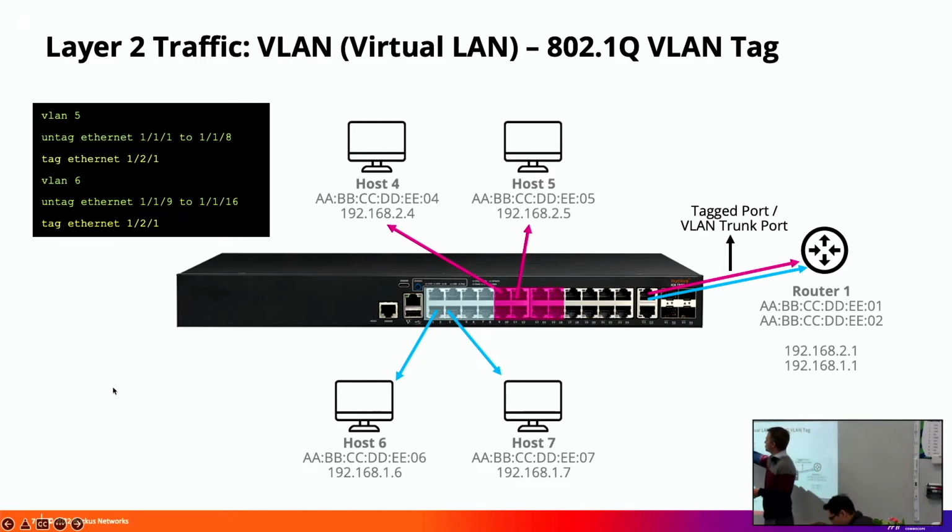I've added an additional line here to say tagged on port 1/2/1. We'll talk about port assignment later. So what we're doing is we're taking VLAN 5 and VLAN 6, and we're transporting both VLANs down that single port. Now, let's just take a closer look at how that works.